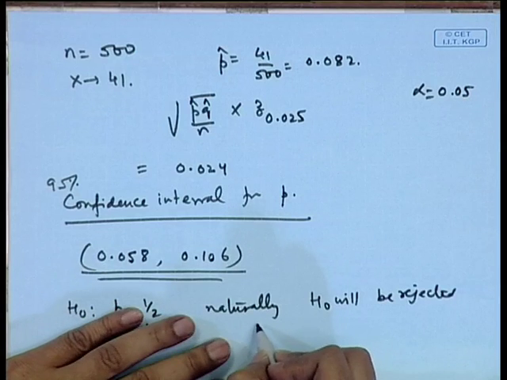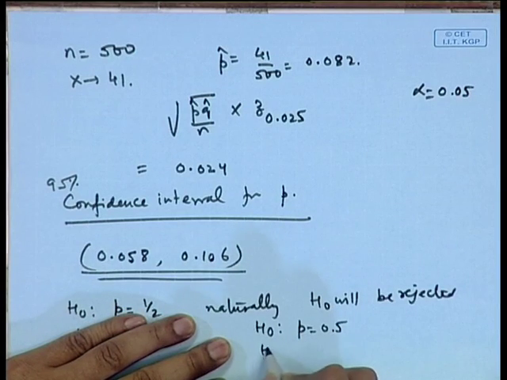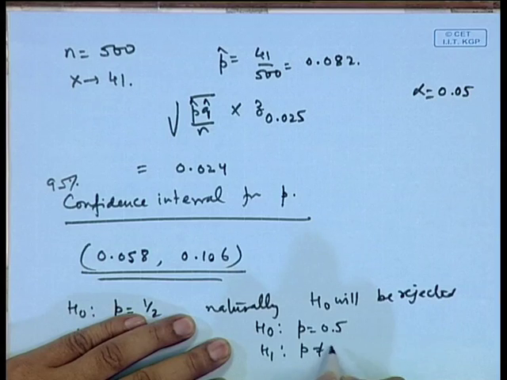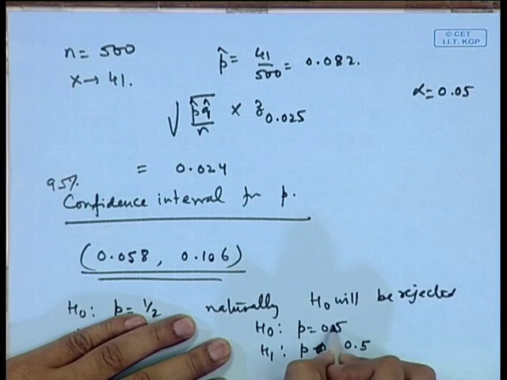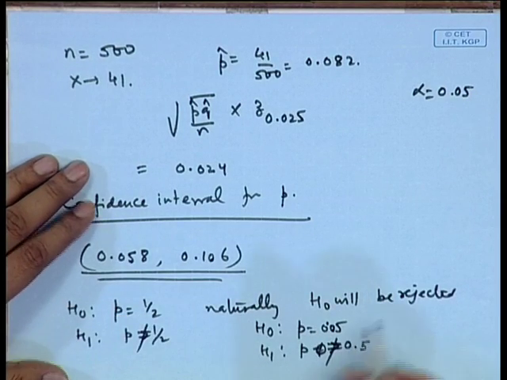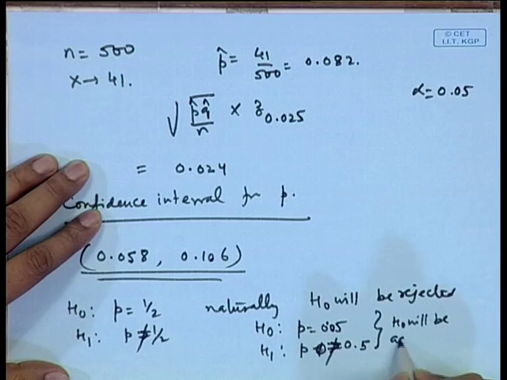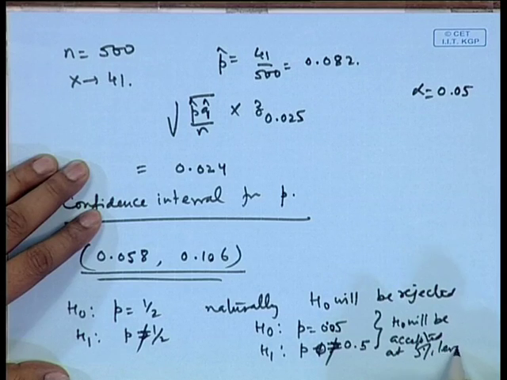On the other hand, if we are considering the hypothesis p is equal to 0.05 against H 1: p is greater than 0.05 or p is not equal to 0.05, then this H naught will be accepted at 5% level of significance.